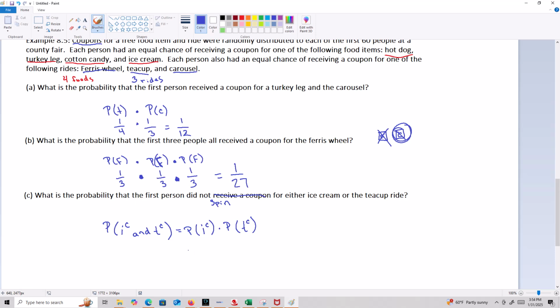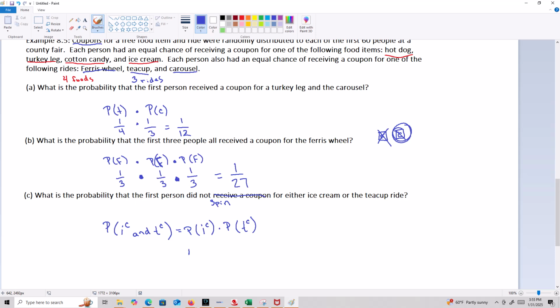Now, to get a complement, you subtract the probability of that event from 1. Remember the probability, if you add up all the partial probabilities, you're going to get 1.